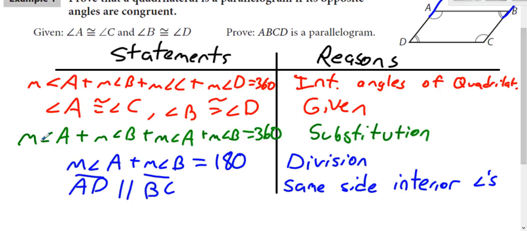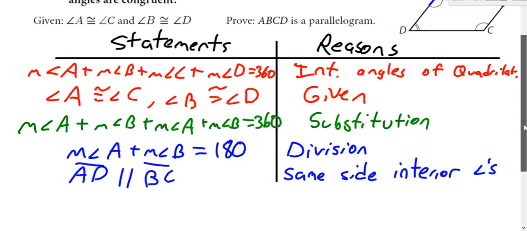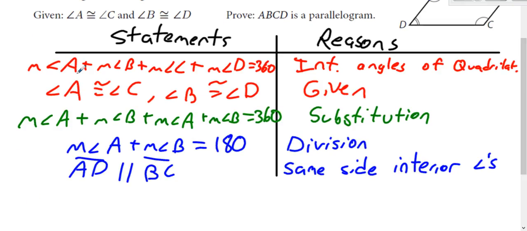If we would have done the substitution in this line just a little bit different, we would have kept angle A and D instead, which we can do. We just have to replace B with a D instead. So we go back to the original thing that we wrote, measure of angle A plus the measure of angle, instead of doing B, we're going to do D because they are congruent, we can substitute.